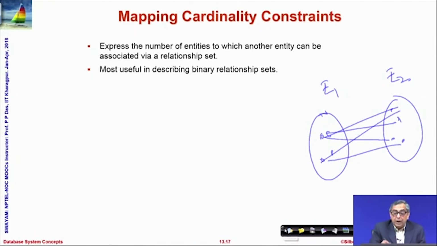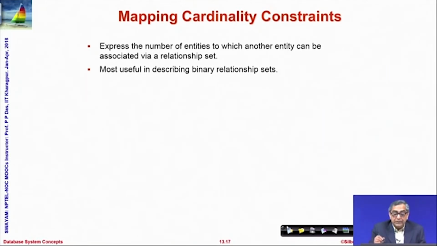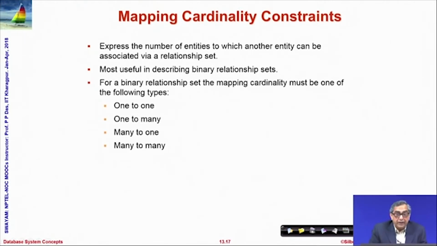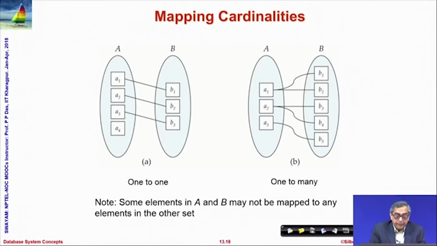Then the question is, how many of the entities of one entity set are related to how many of the entities of the other entity set. Certain types of cardinality measures are very important to track, and we say whether it is 1 to 1, 1 to many, many to 1 or many to many.